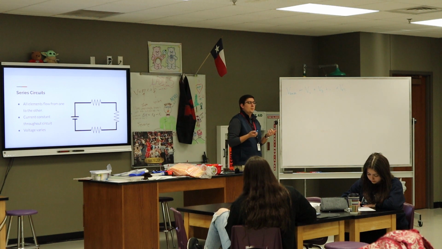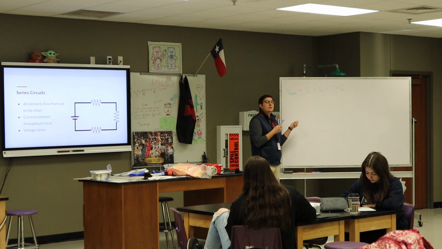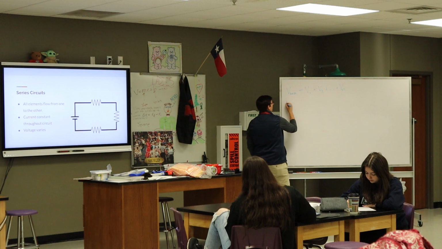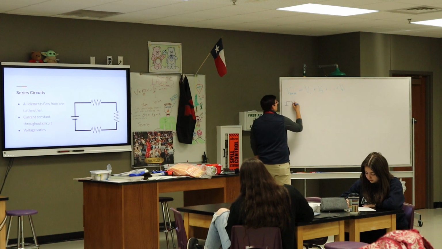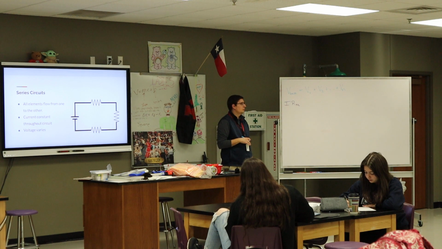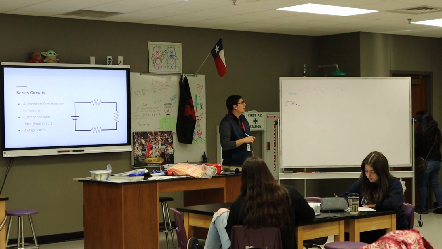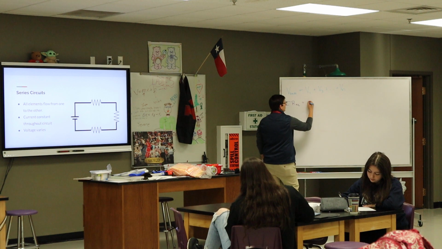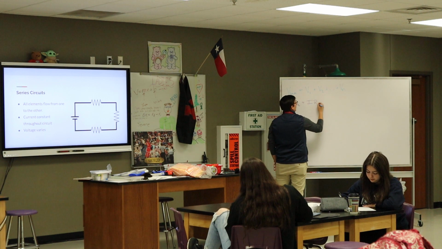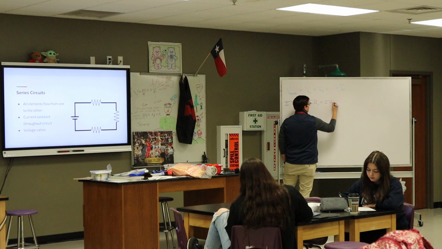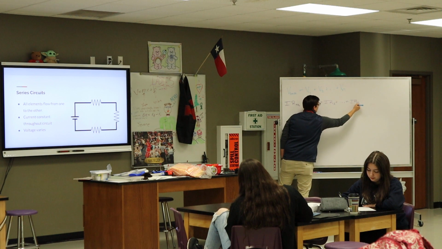Now I'm going to use Ohm's law for each of these. For the battery, that's going to be the current multiplied by the equivalent resistance of the entire circuit. For each of these resistors, it's going to be the current multiplied by the resistance of that element.